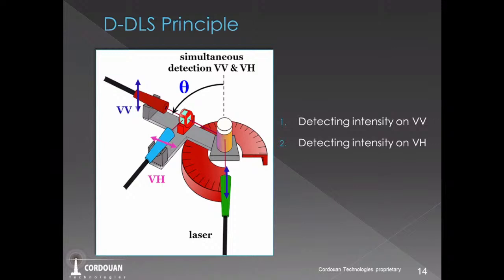Here we are checking the vertical polarization too. So it's VV, vertical-vertical. Here it's VH because we are looking at the other polarization, vertical-horizontal, like here. So we are splitting, we are gathering, we are detecting these two polarization modes. I will explain why.